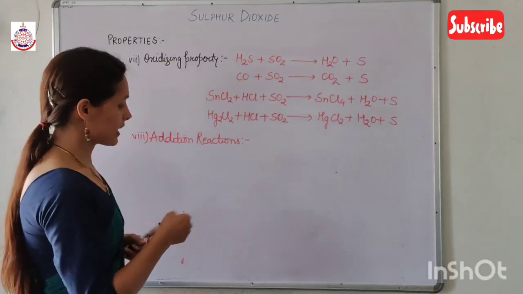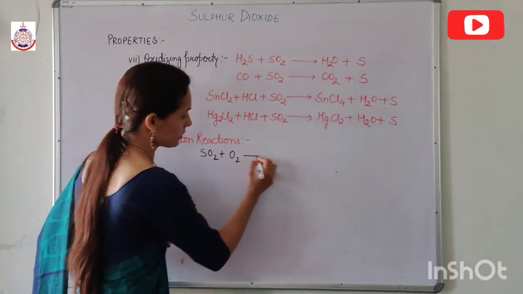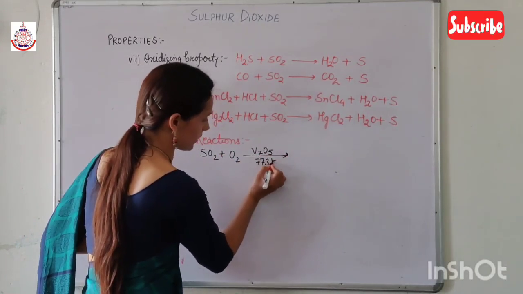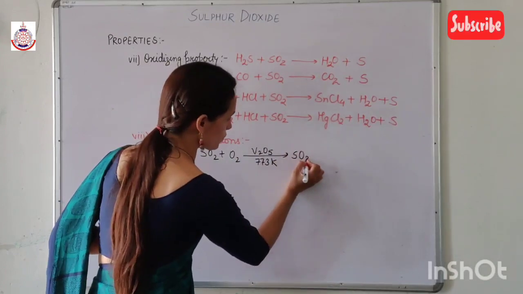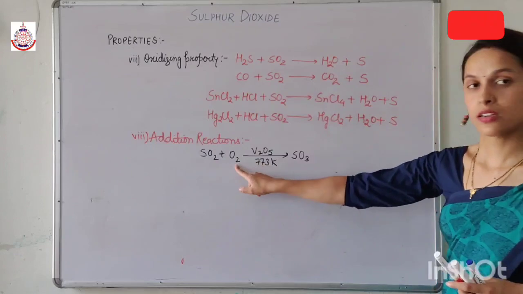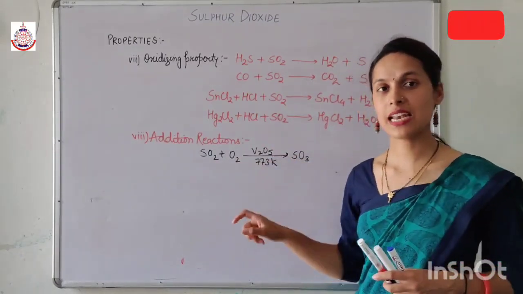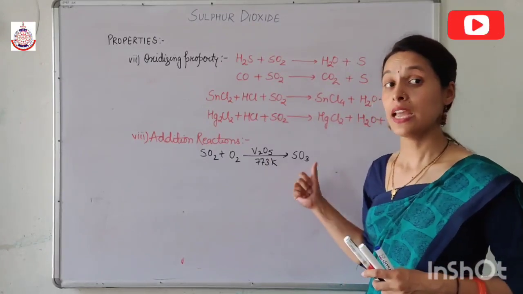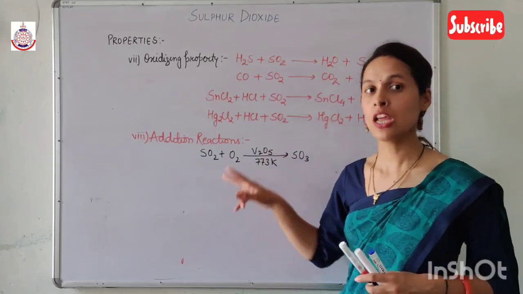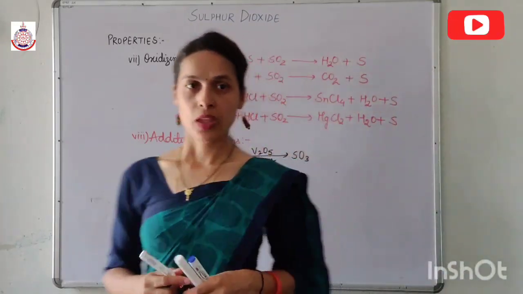When this SO2 reacts with oxygen in the presence of vanadium pentoxide as a catalyst at 773 Kelvin, then it forms sulfur trioxide, SO3. So this is a kind of addition reaction, because in this two reactants combine to form a single product.